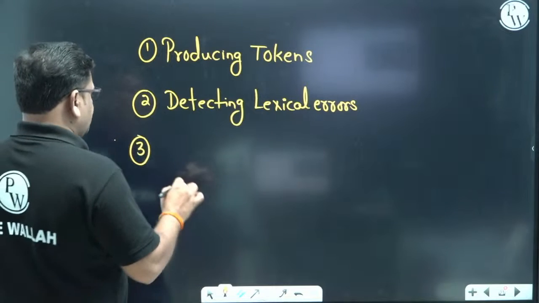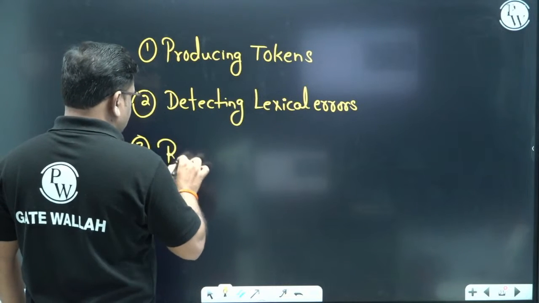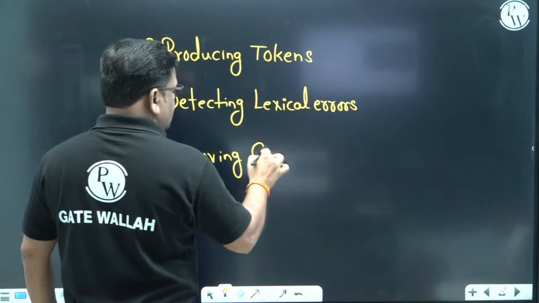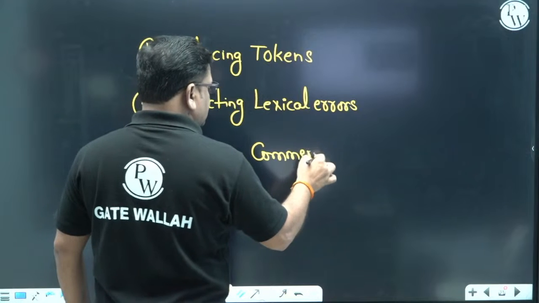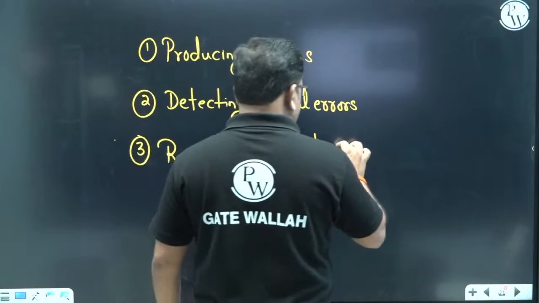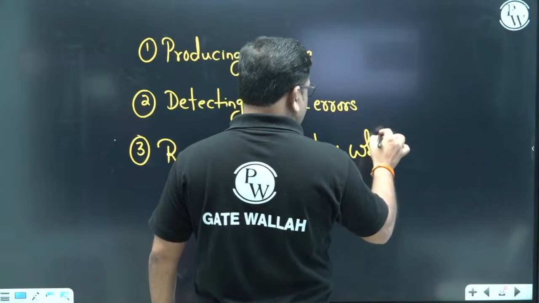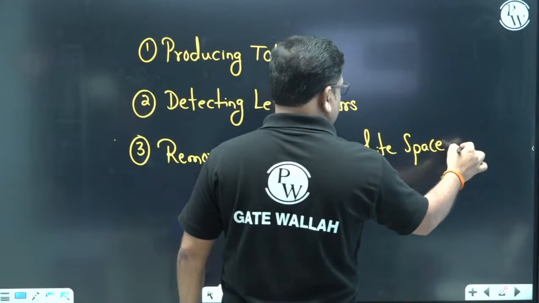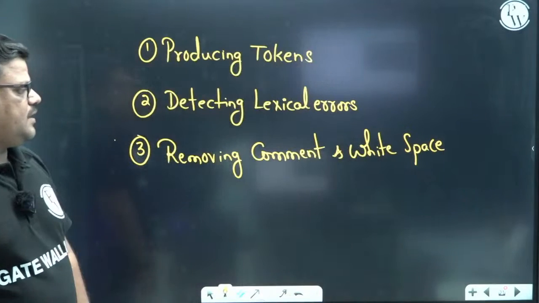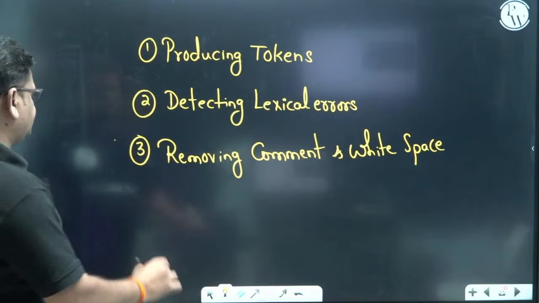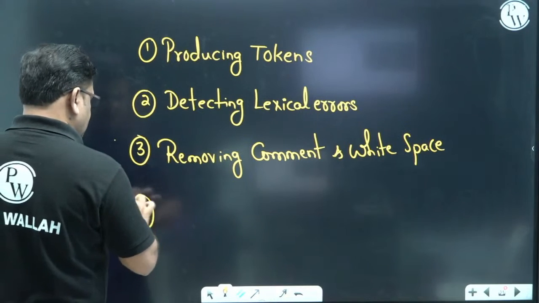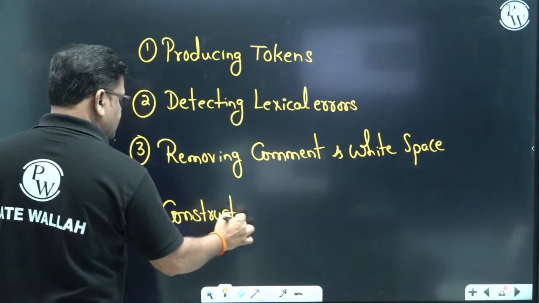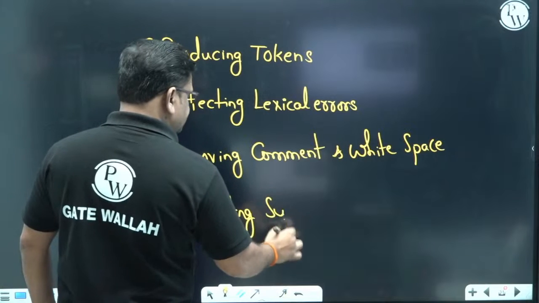Next, detecting lexical errors. Then removing comments and white space: removing comment lines and white space characters present in the program. The fourth one is constructing the symbol table.